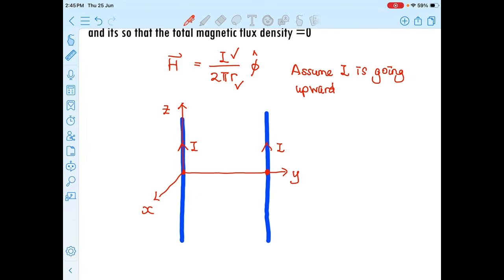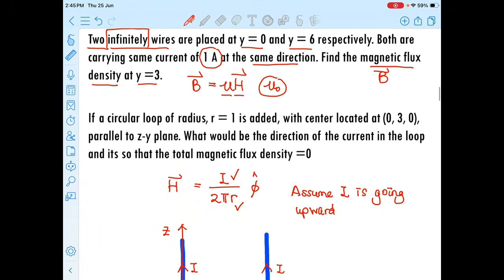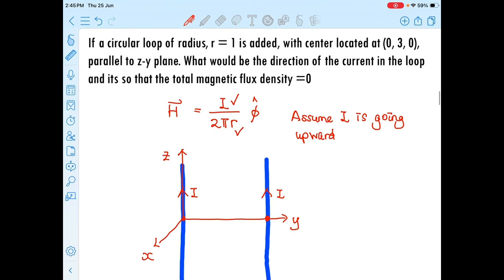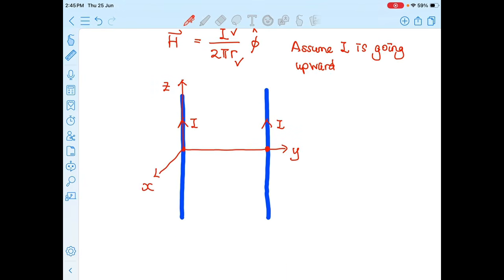It doesn't matter. Now they are asking you to find the magnetic flux density at the position y equals 3. Where is y equals 3? It is this part, so it can be this point, it can be this point.